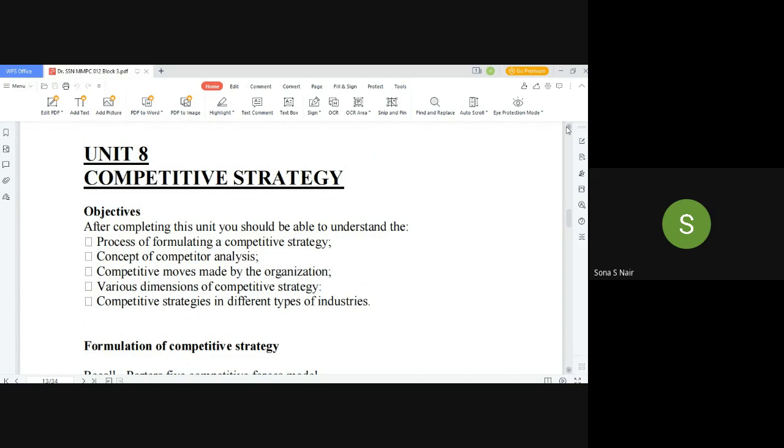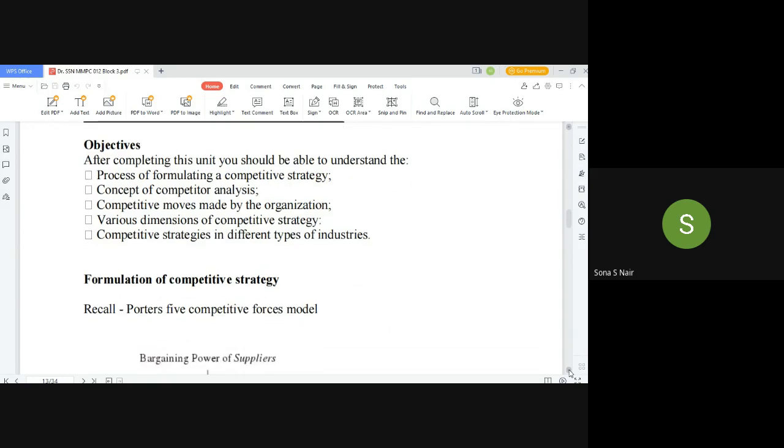If you think of it that way, whatever strategies we've discussed earlier, whether it was Porter's generic strategies, which are differentiation, cost focus, differentiation focus, and overall cost leadership, they are in a way competitive strategies only, because we are defining how we are going to conduct ourselves in the industry vis-a-vis the competitors.